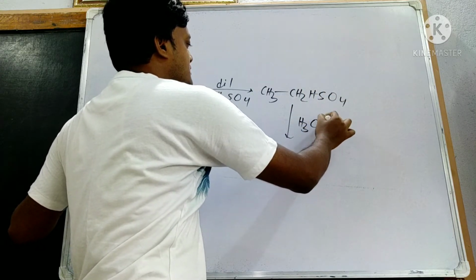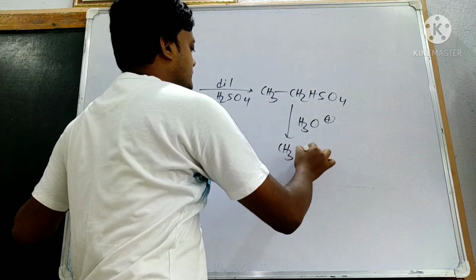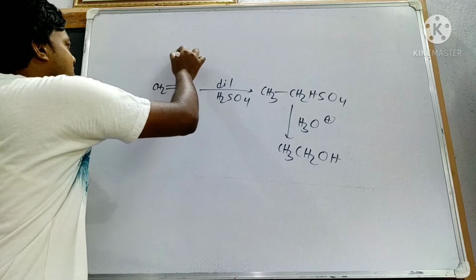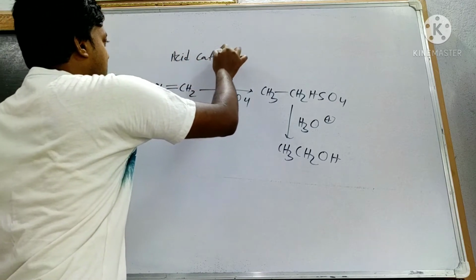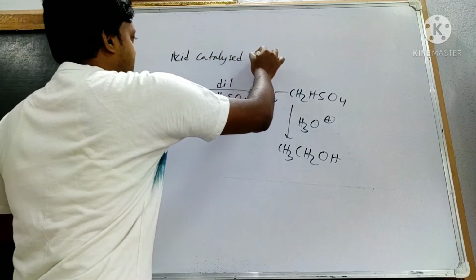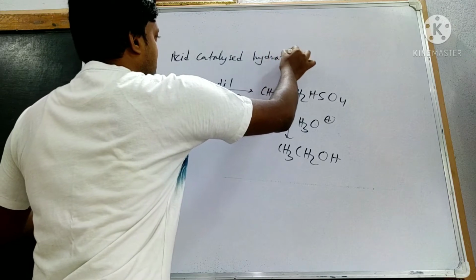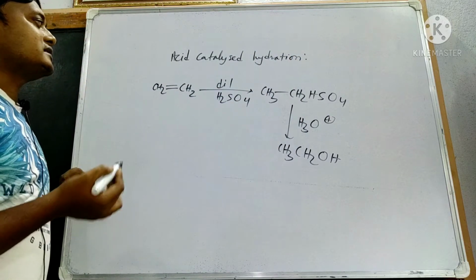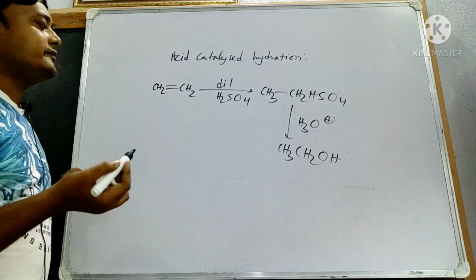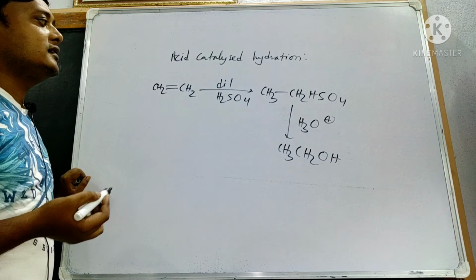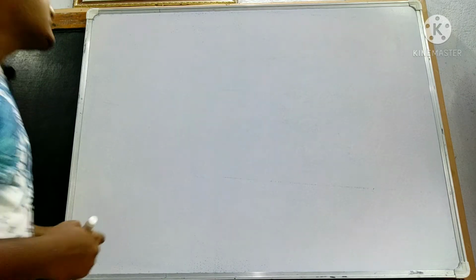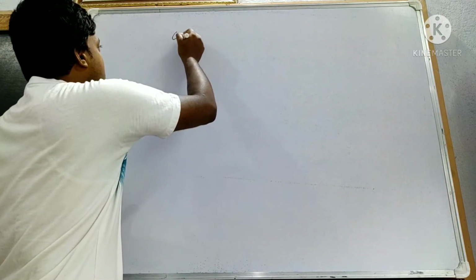On hydrolysis we will get ethanol, that is acid catalyzed hydration. In acid catalyzed hydration, the first step, H2SO4 acts as a catalyst, and the second step is followed by hydrolysis.